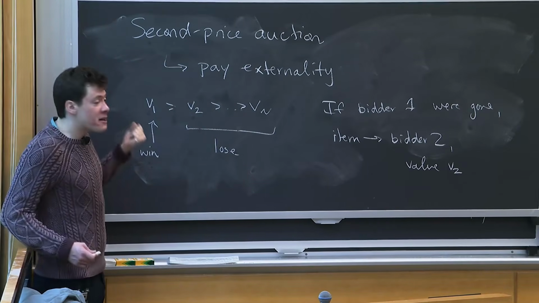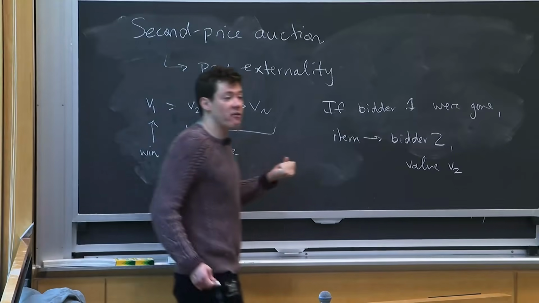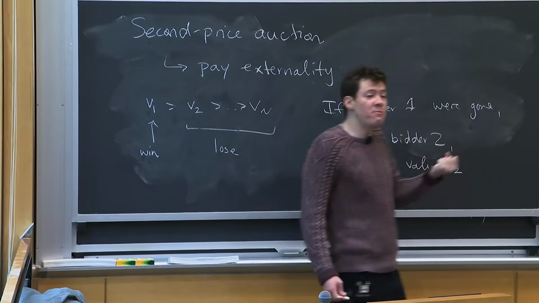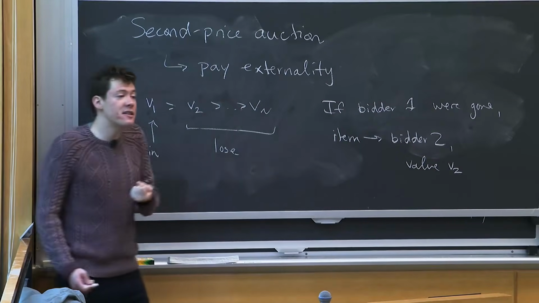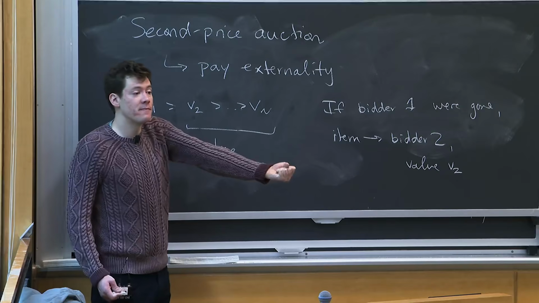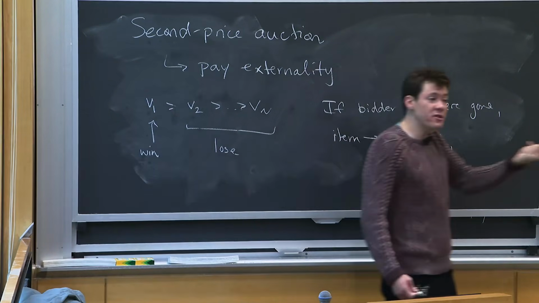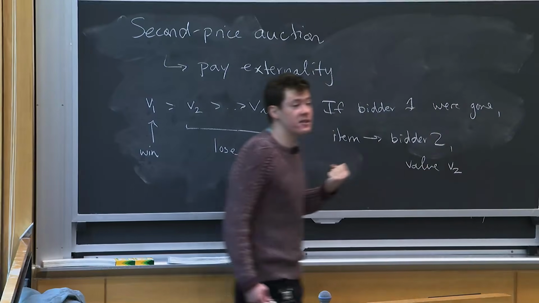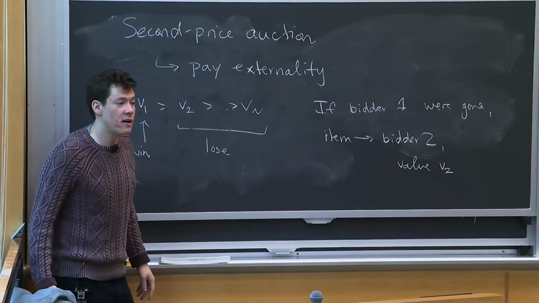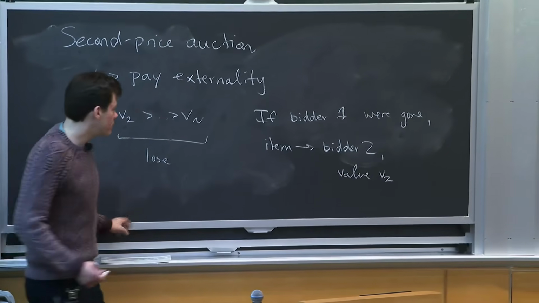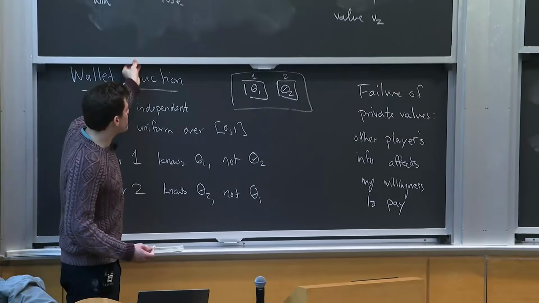So this is the aspect of the second price auction that we're next going to try to generalize. We're going to try to charge people the externality that their presence imposed on everyone else. In this case, that externality happens to be the second highest valuation, the second highest bid, but in general, it's not necessarily. And that's what we'll see with the next auction format. So let's look at this.